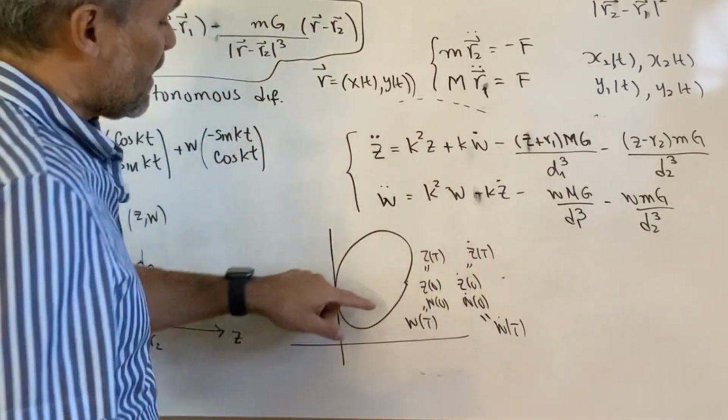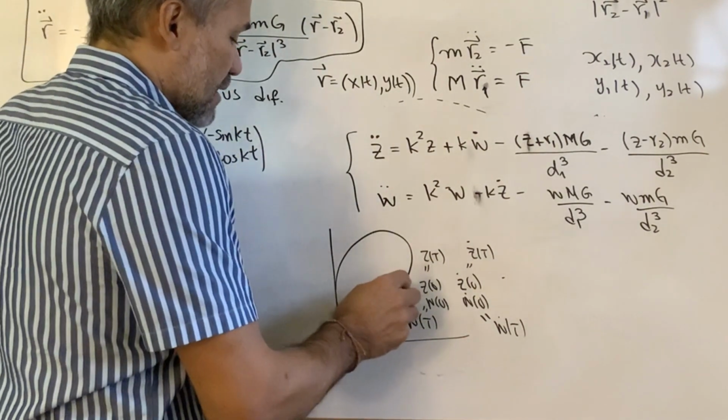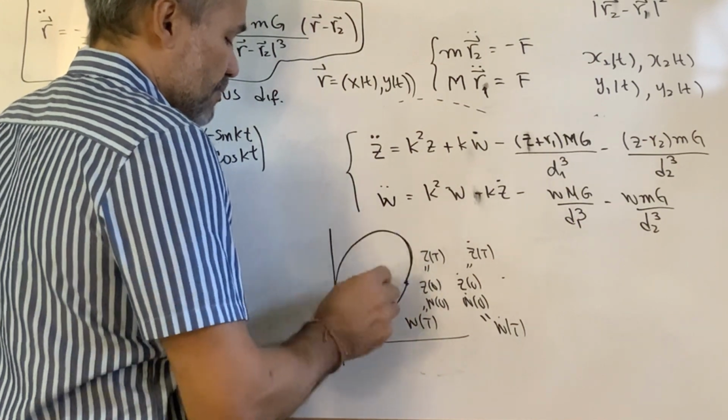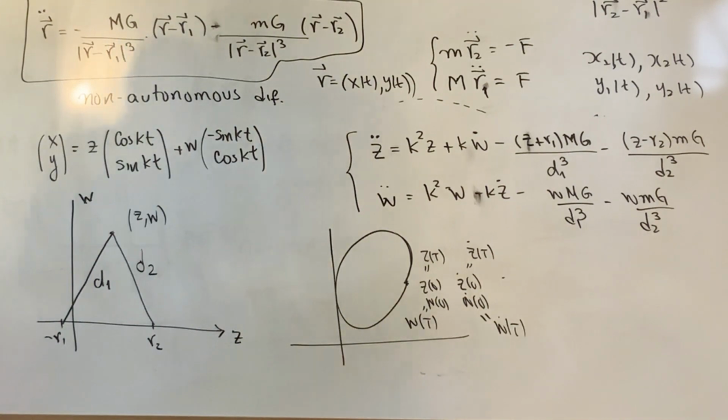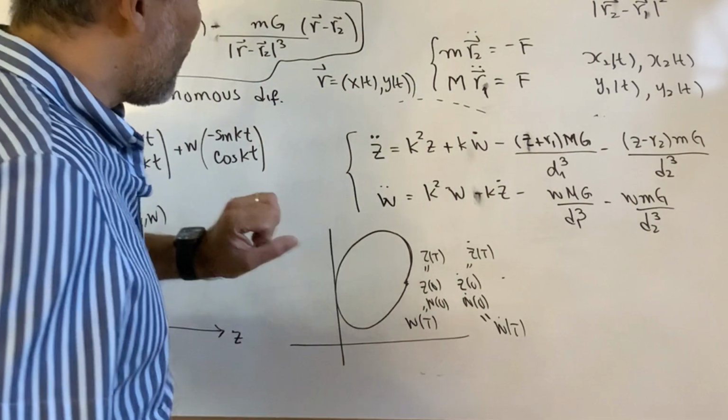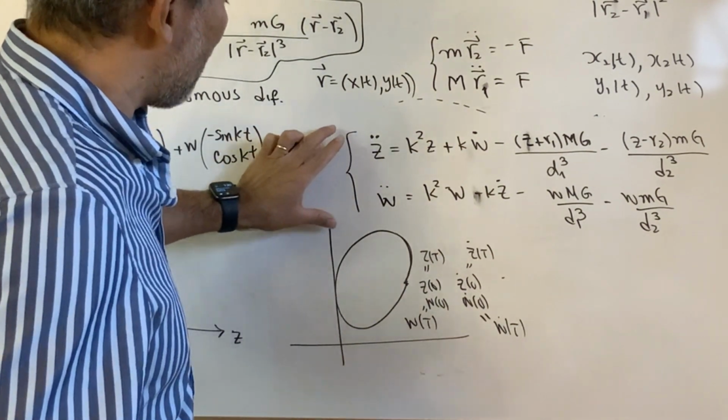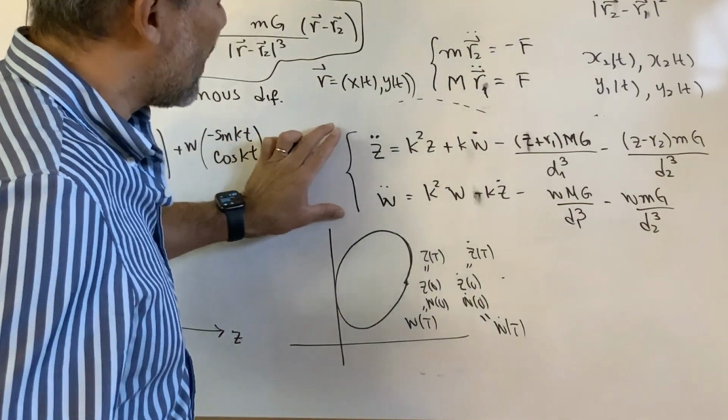Then we are interested in orbits that are periodic, with period capital T. But before studying those orbits, we are going to define a function that helps us to do that study.